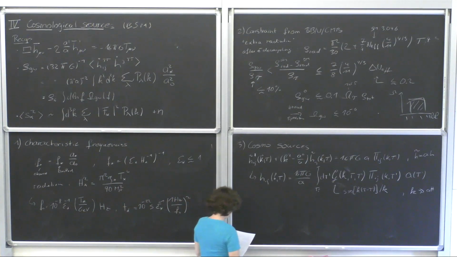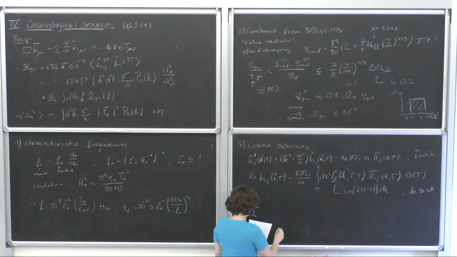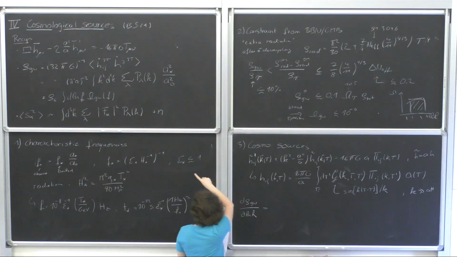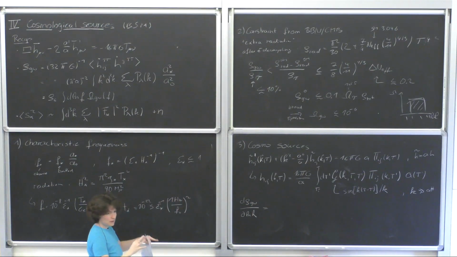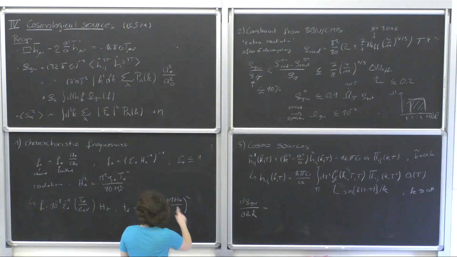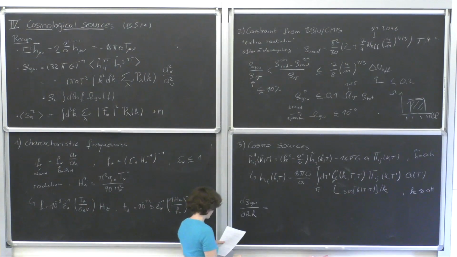So we want directly d Omega gravitational waves over d ln k. We use this expression up here: we need to take the time derivative, form the two-point function, and add the prefactors that we have up there.